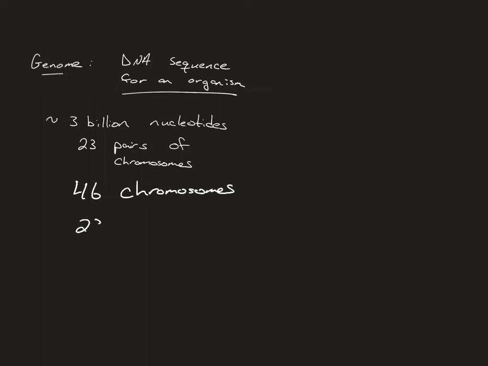You have 23 from mom, and you have 23 from your dad. They have the same genes, but different sequences. And we're going to talk about what that means. What does it mean to have a gene? What does it mean to have a sequence?